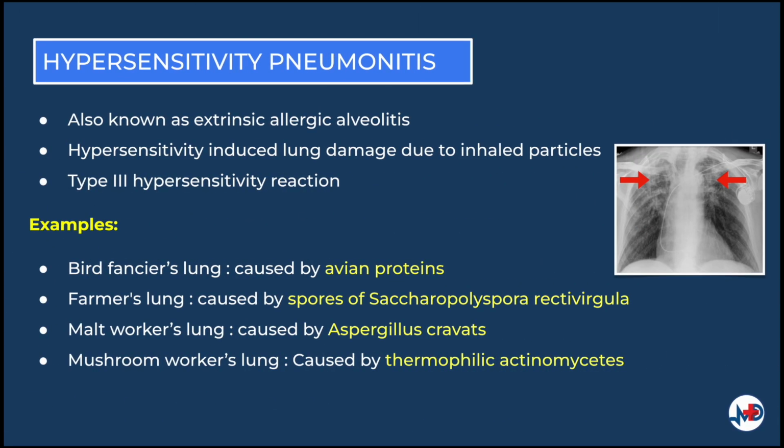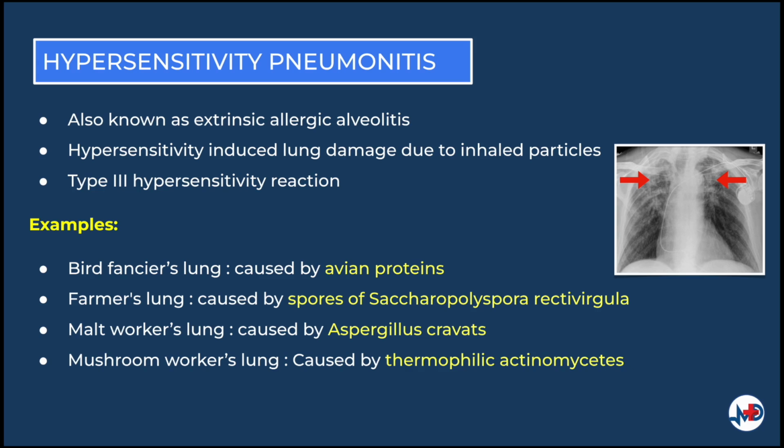As for hypersensitivity pneumonitis, it is also known as extrinsic allergic alveolitis. It is a condition caused by hypersensitivity-induced lung damage due to a variety of inhaled organic particles. It is thought to be largely caused by immune complex-mediated tissue damage or type 3 hypersensitivity, although delayed hypersensitivity type 4 is also thought to play a role in extrinsic allergic alveolitis, especially in the chronic phase.